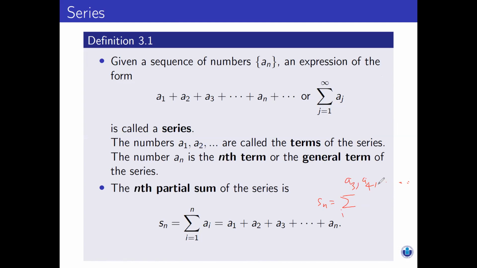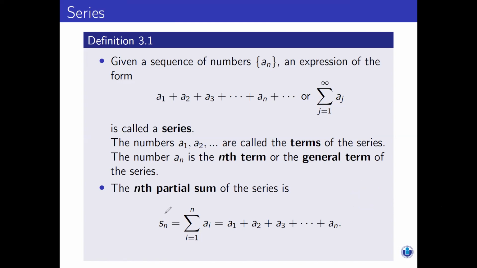So for this sequence here, the partial sum starts with a_3, and so it's a_3 plus up to a_n. Then the last step is the same as when we define the improper integrals.